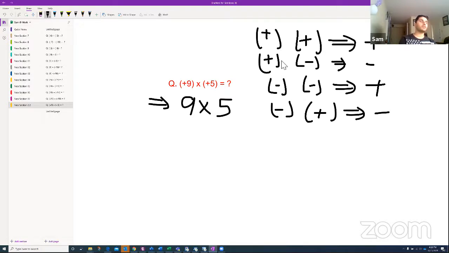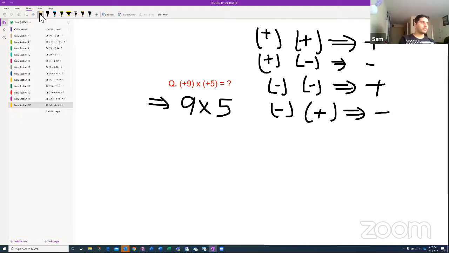If you multiply a positive number with a negative number, the answer is going to be negative. If you multiply a negative number with another negative number, it's going to be positive. If you multiply a negative with another positive number, it's going to be negative. The same applies for both multiplication and division.